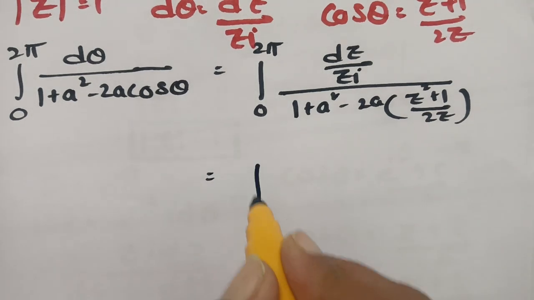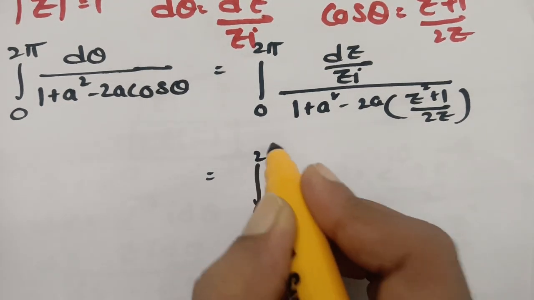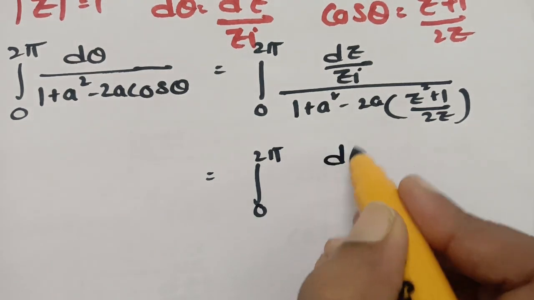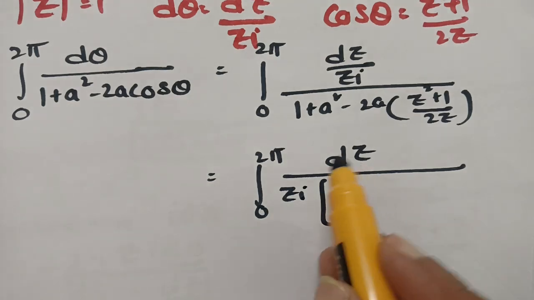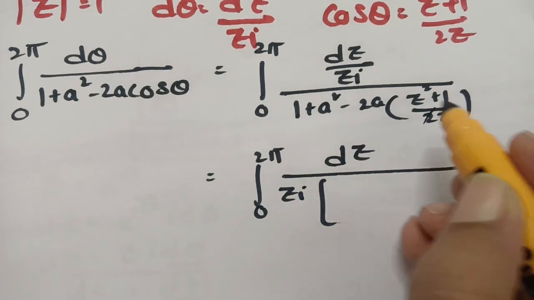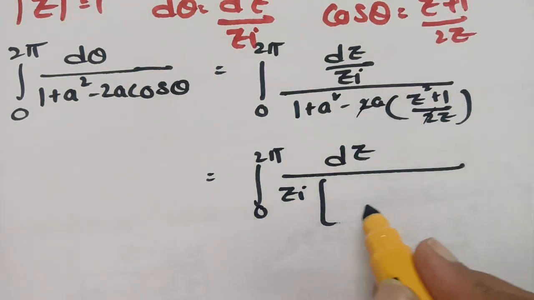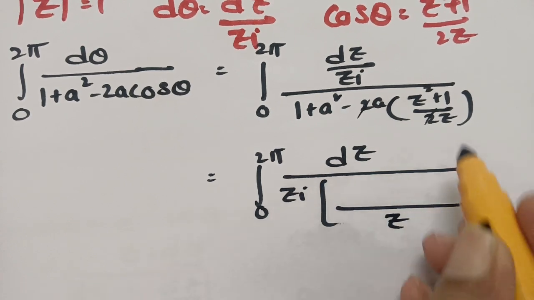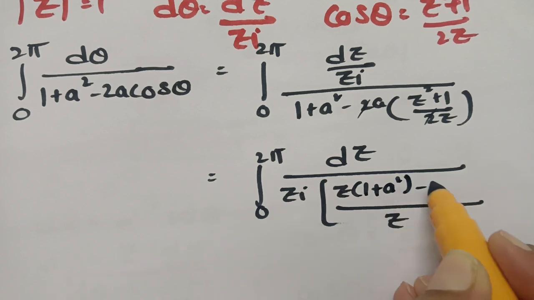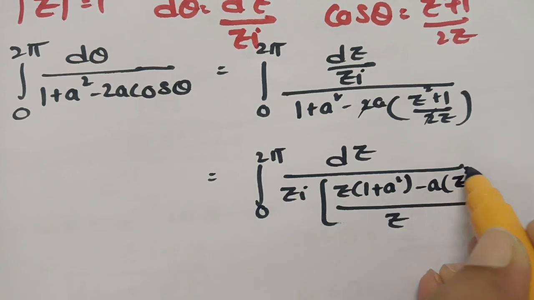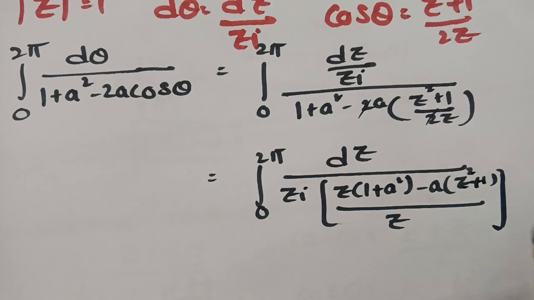This can be written as the integral of dz by zi into, if I cancel this 2 and take z as LCM, z into (1 plus a²) minus a times (z² plus 1).